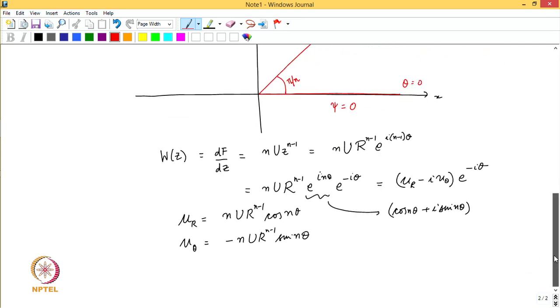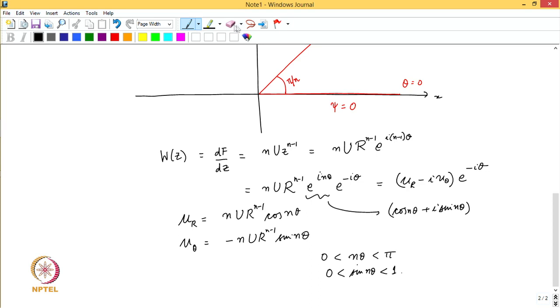So, between this angle of theta and pi by n, you can notice n theta would be between 0 and pi, which means sine n theta would always be greater than 0 and less than 1, because the sine of an angle n theta lying between 0 and pi is always positive in the first two quadrants.